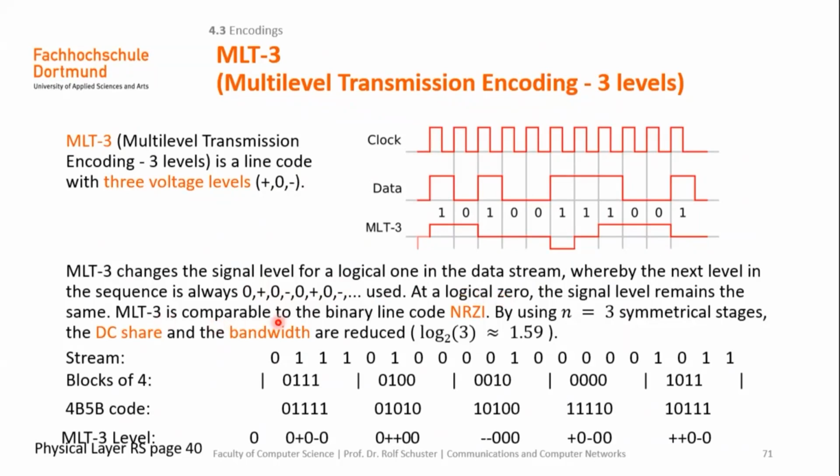MLT-3 is comparable to the binary line code NRZ-I, using n equal 3 symmetrical stages. Remember that the logarithm in base 2 of 3 is what we use to convert the number of stages into the number of bits.